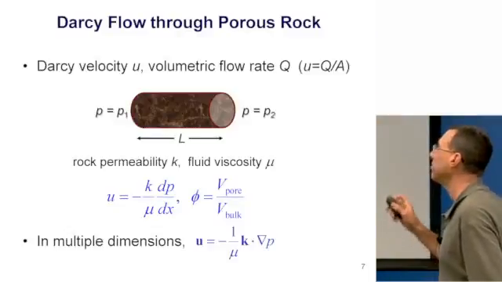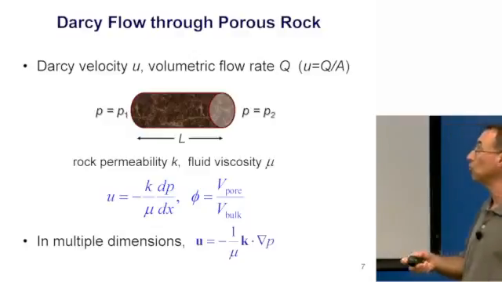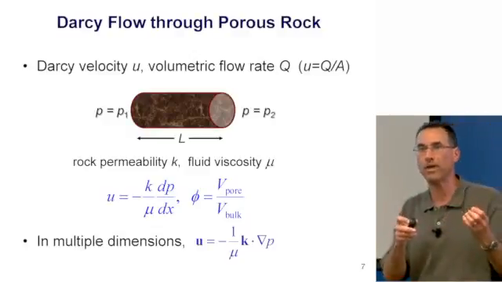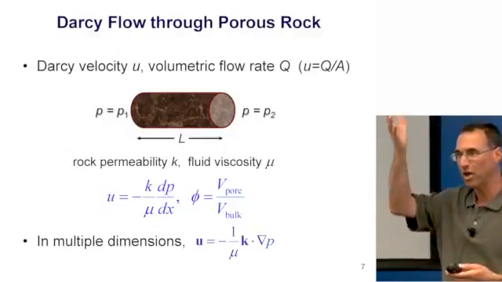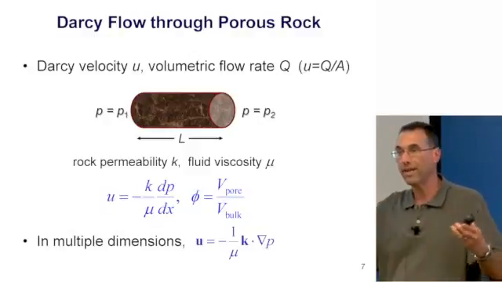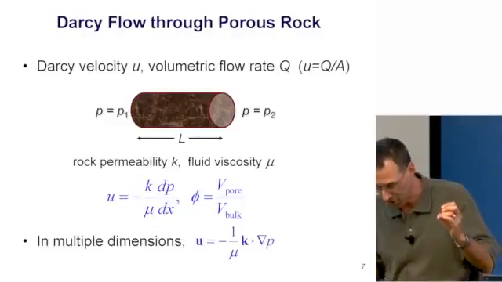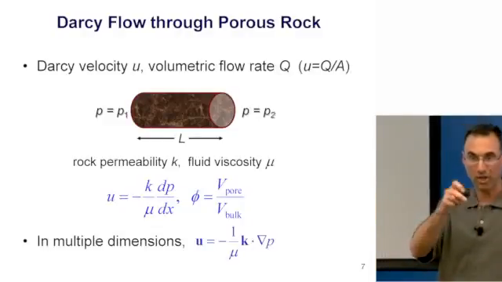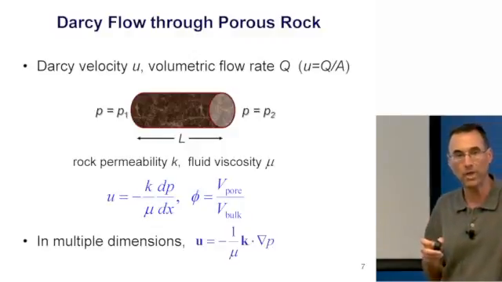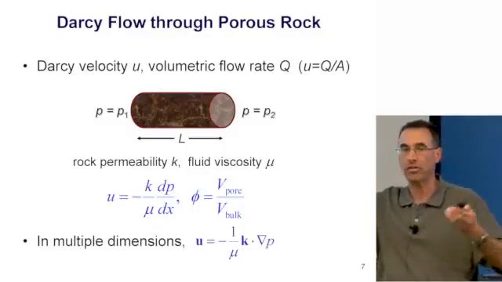So let's talk a little bit about how flow in the subsurface works, and then we'll get back to the CO2 storage problem. A lot of people have this image that you drill down, say if you're producing oil, and there's this pool of oil. That's not how it actually exists. The oil or any fluids in these formations essentially live in the pore spaces between sand grains. So think of a bucket of sand, and imagine if you pour water into that bucket of sand.